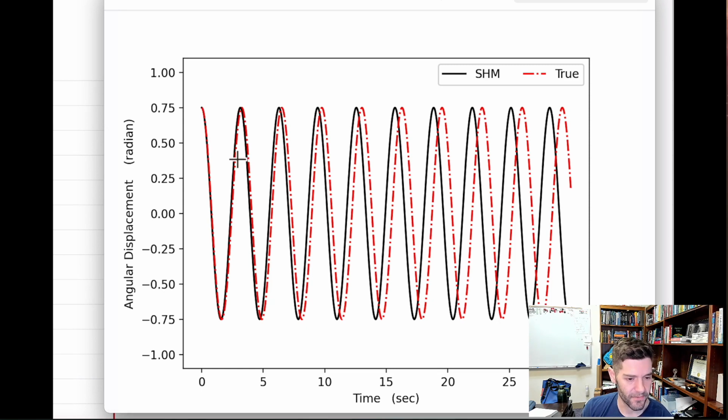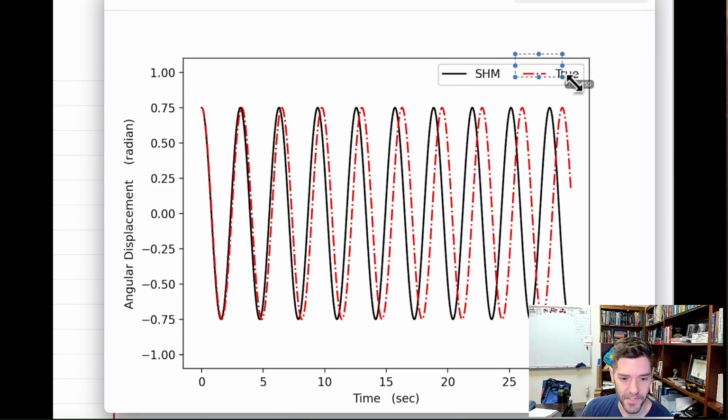And the solution is overall still oscillatory. But notice that after one period, more or less, you start to see significant deviations from the cosine solution versus the actual solution. And if you make the initial theta bigger and bigger, these deviations become even more pronounced, and the red curve actually starts to stretch out as well.